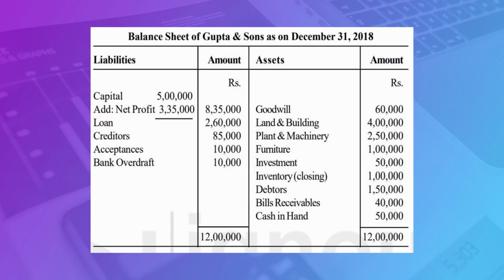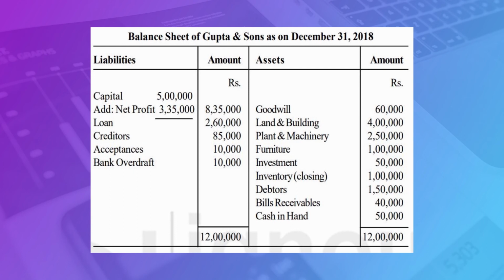Then the amount of loan is also given in the trial balance, that is rupees 2,60,000. Creditors: again the amount of creditors is also provided in the trial balance, it is 85,000. Then the bills payable or acceptances is rupees 10,000. Being liabilities, they are to be recorded in the liability side of the balance sheet.